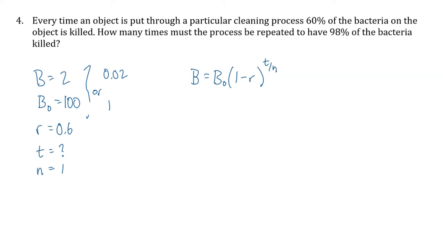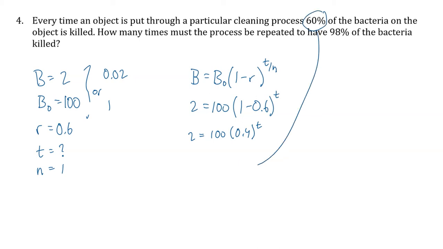Whoops. Got them backwards again. 1 minus 0.6 to the t. Not so much in this course, I don't think, but in other courses, a mistake that people make is they put 60% in instead of 1 minus 60%.